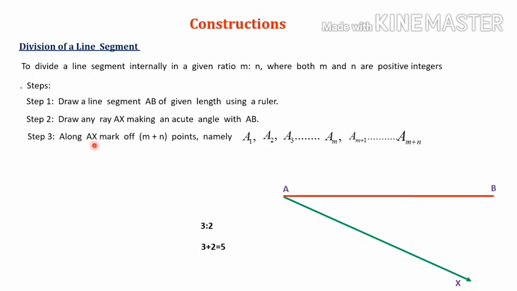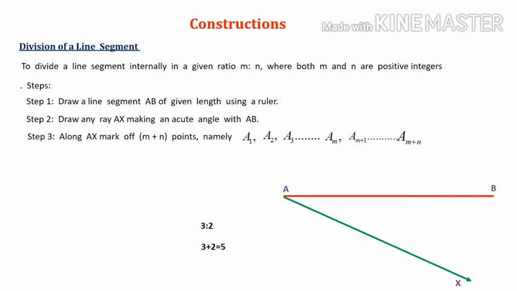So along AX, mark off m plus n points, means here 5 points we have to mark, namely A1, A2, A3, etc., A(m+n), means here 5 only, the last one. So A1, A2, A3, A4, A5. So we have to mark A1 to A5 along AX using the ruler.